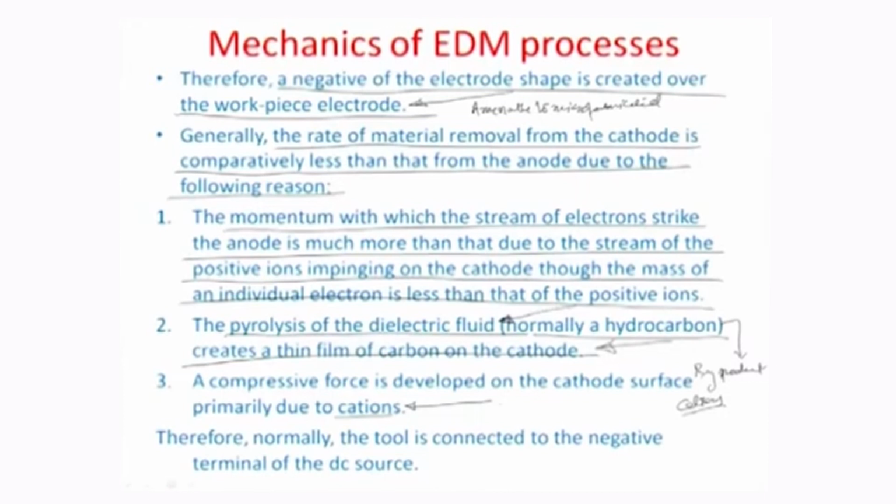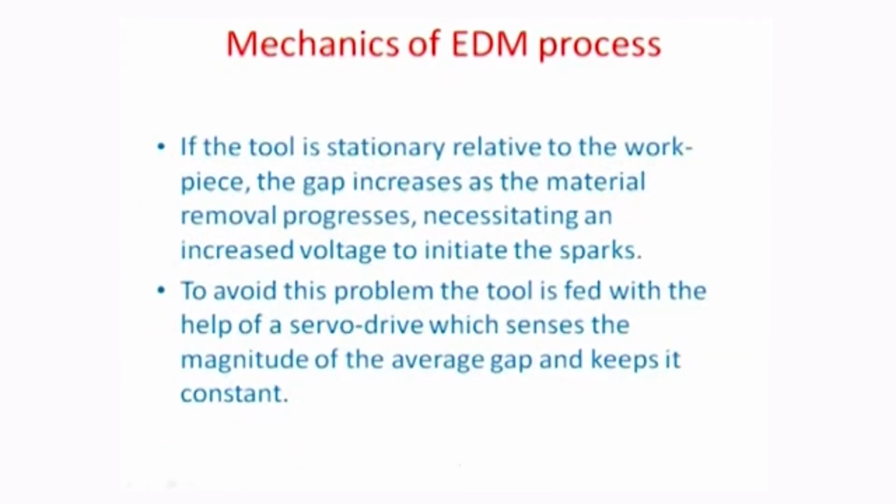So these are three principal mechanisms which are responsible for the differential removal rates across both the cathode and the anode, and therefore it is preferable that the tool be connected to the negative terminal of the DC source, thus making it a cathode, and the workpiece be connected to the positive terminal, thus making it an anode.